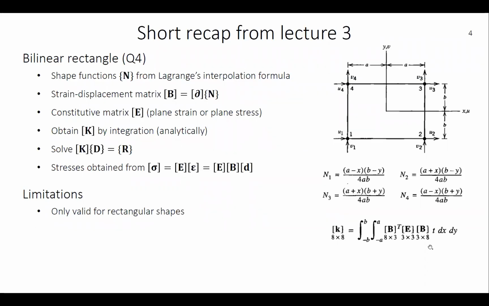And we can express the shape functions as these bilinear polynomials exactly. And we can have a fairly easy and exact solution to this K matrix, given that we have this rectangular element.